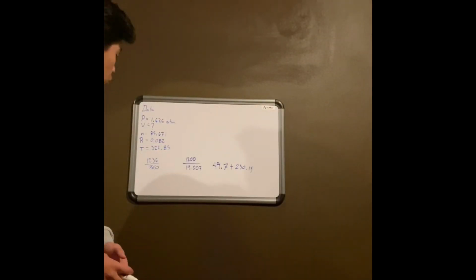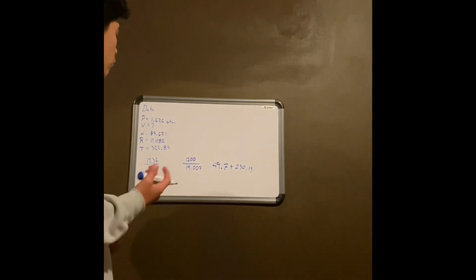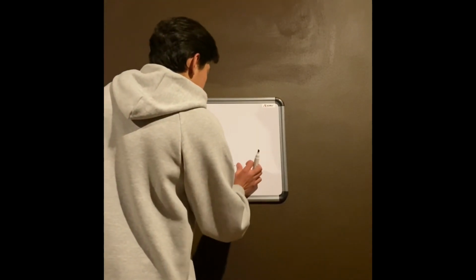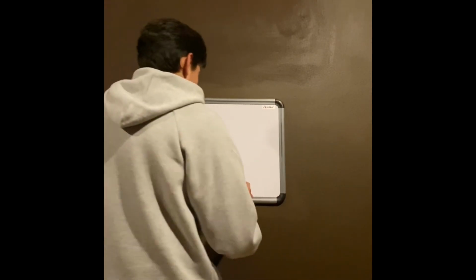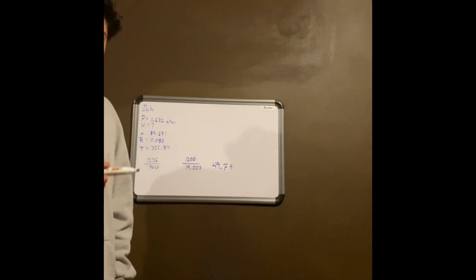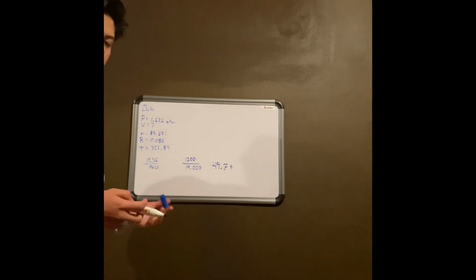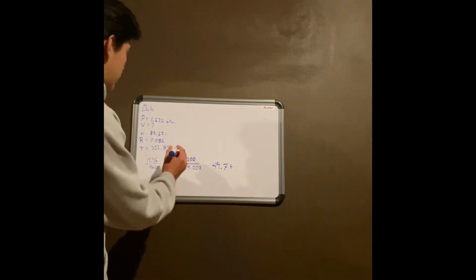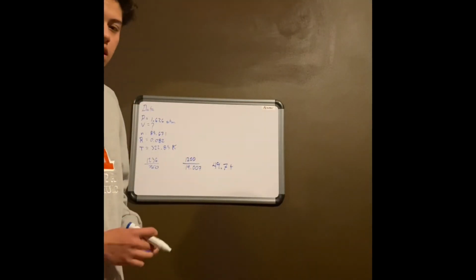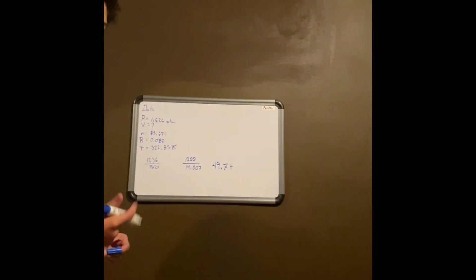And finally, we got the temperature. The problem gave us 49.7 degrees Celsius, but we need to change it to Kelvins. Right here it is already in Kelvins. And the formula for changing it is the following.